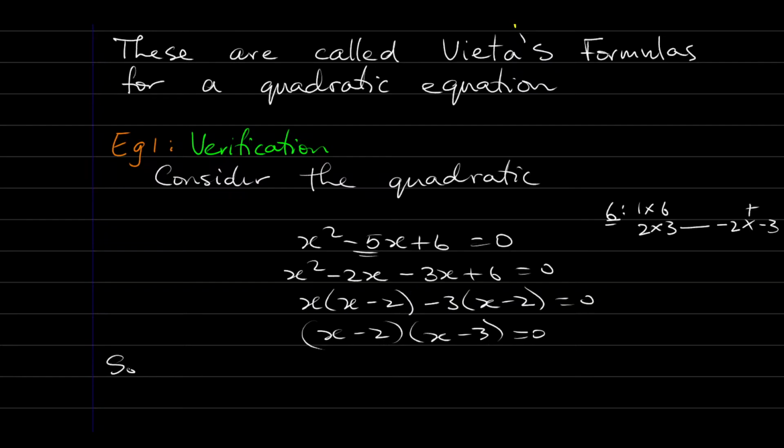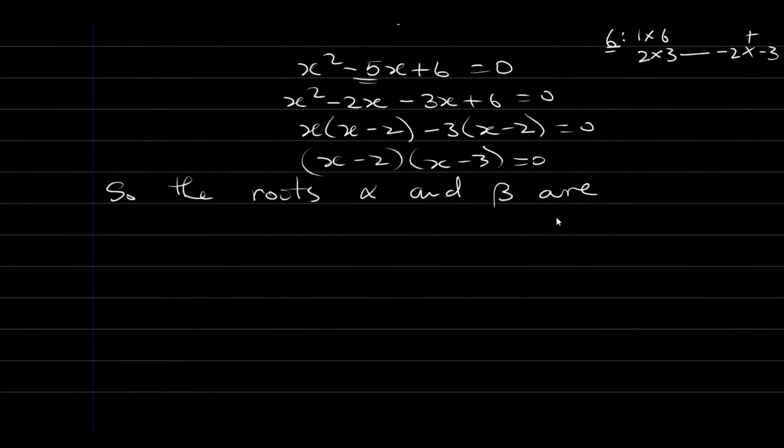And we know now that the roots alpha and beta are, just put that, alpha and beta, alpha is equal to 2 when I put this equal to 0 and solve. And I'll get beta is equal to 3 when I put this equal to 0 and solve. Right? That's straight out of the factor theorem.